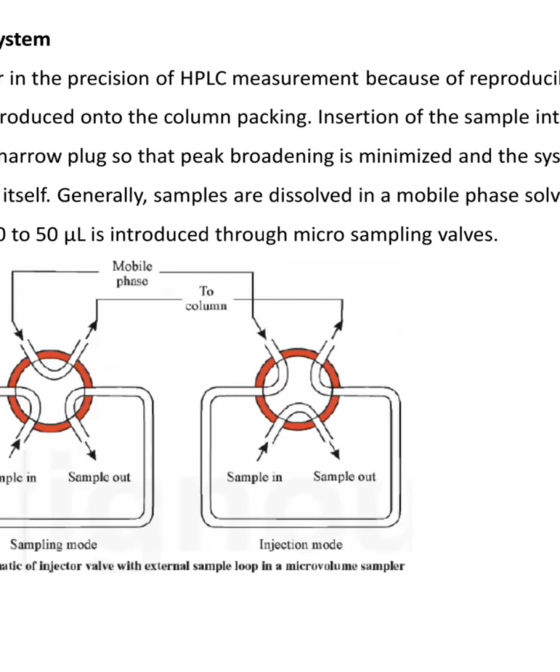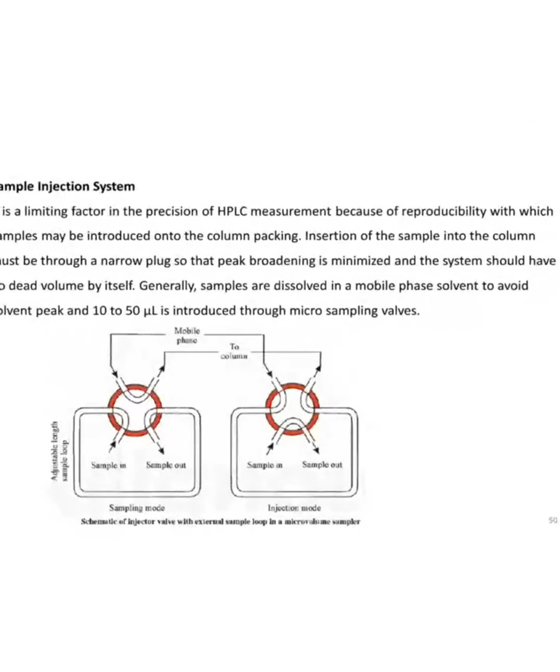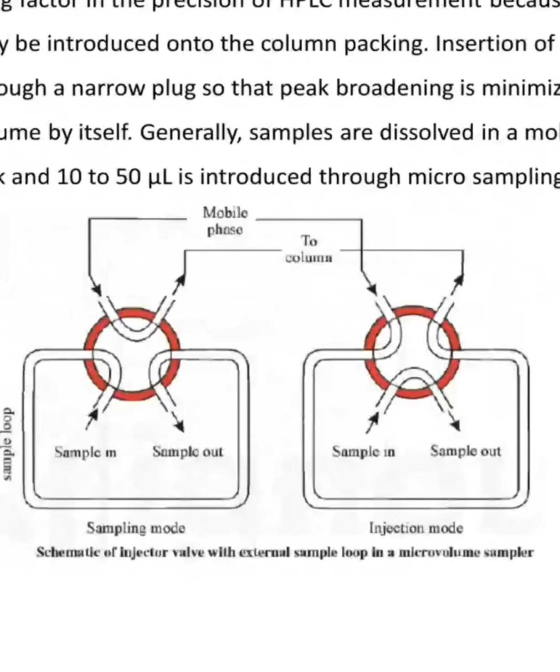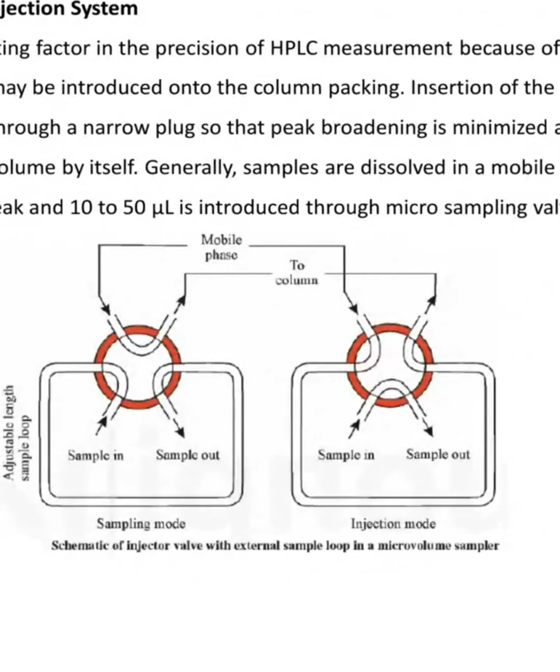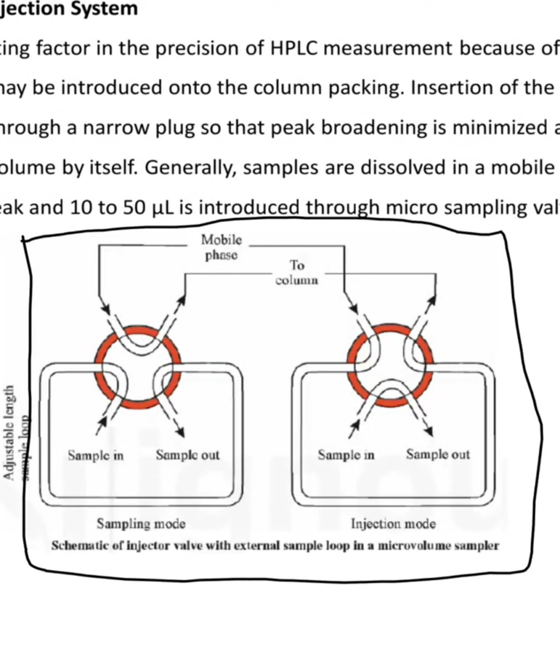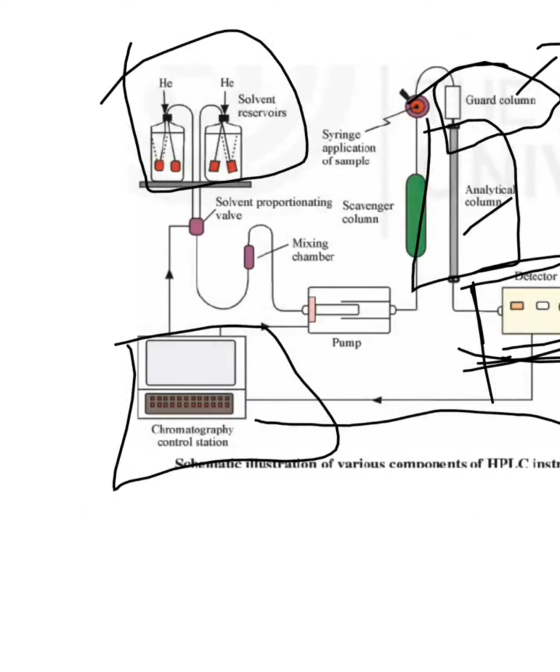In this sample injection system, the sample and the mobile phase are injected separately. So this is the technique used for the sample injection to the column. This is the part which you have seen previously.